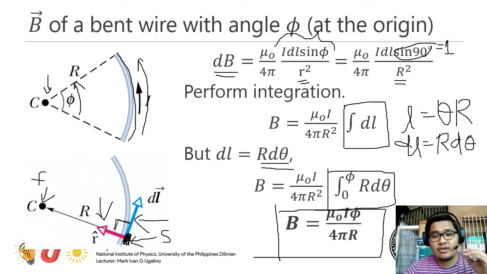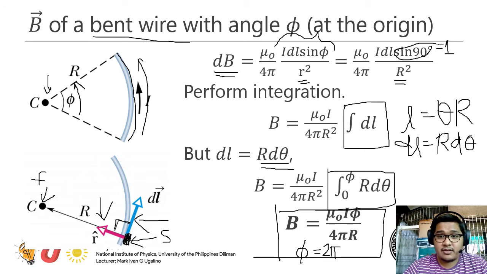So this is the magnitude of the magnetic field due to a bent wire. You can see actually that this expression gives the same magnitude as that of the circular loop when phi is equal to 2 pi, that is, this bent wire is a full circle.